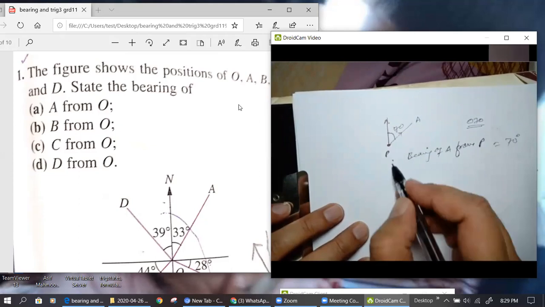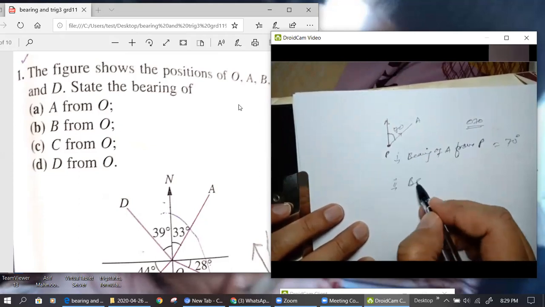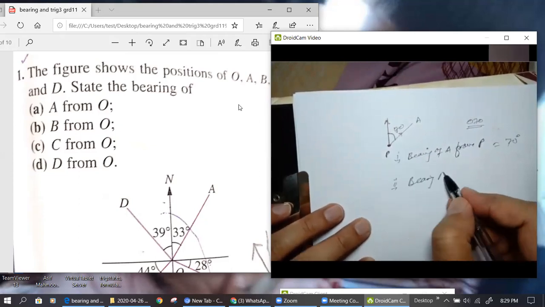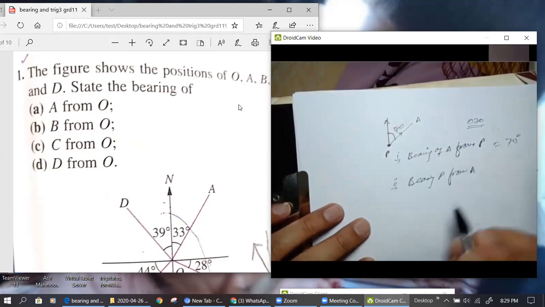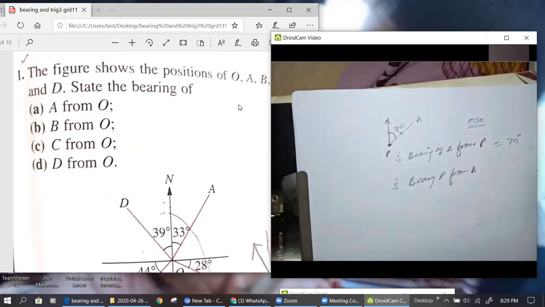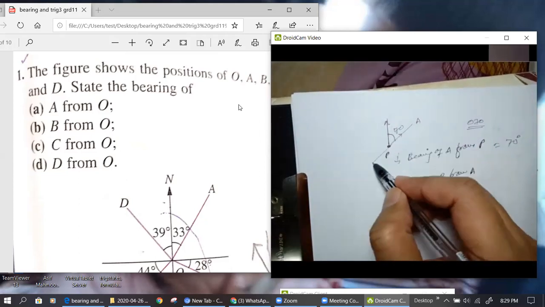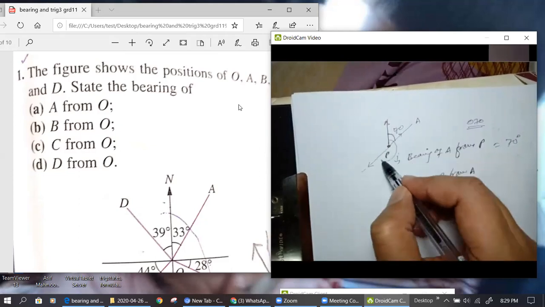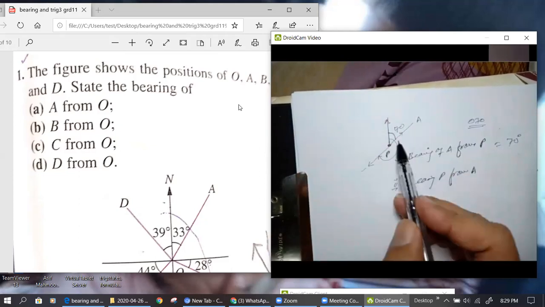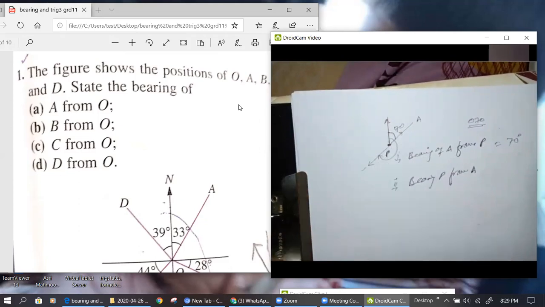But if I say the bearing of P from A, now the case is reverse. Now you are coming from A towards P, so you extend this line. When the letters are reversed, you add 180 degrees. If the angle is smaller than 180, you add 180; if the angle is greater than 180, you need to subtract.